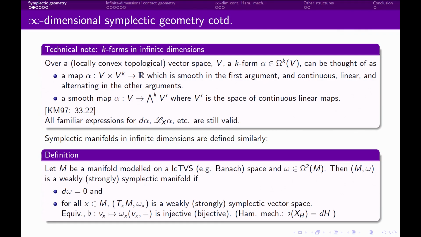And this covers a lot of bases. In infinite dimensional symplectic geometry, Hamiltonian mechanics arises from fixing your Hamiltonian vector field to satisfy this. The main difference being that in infinite dimensions, because we only assume injectivity and not bijectivity, not every function has a Hamiltonian vector field.